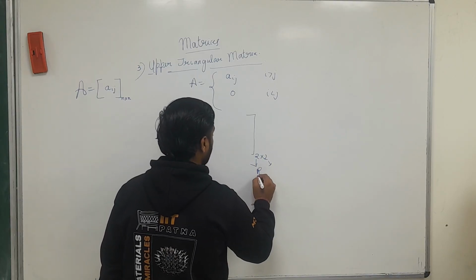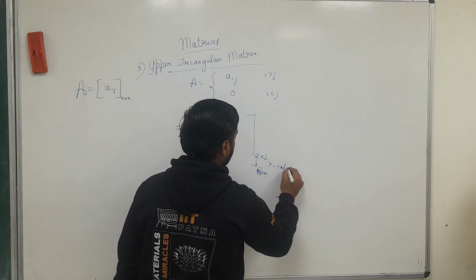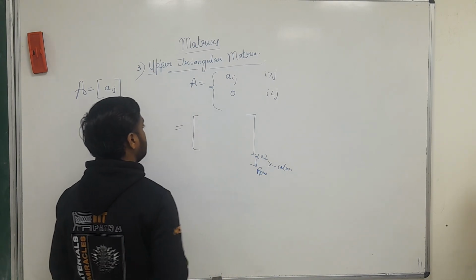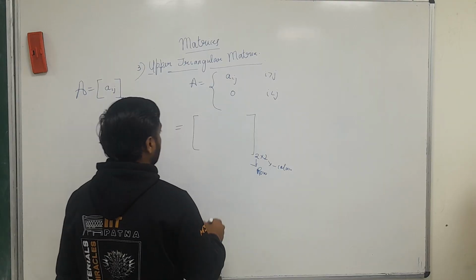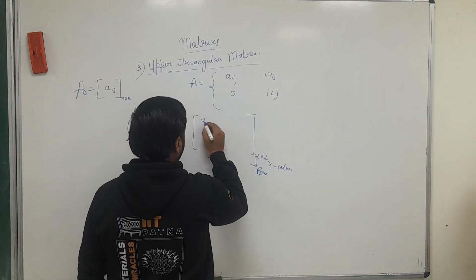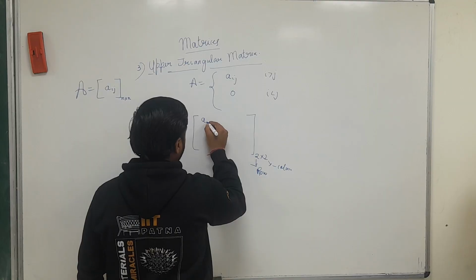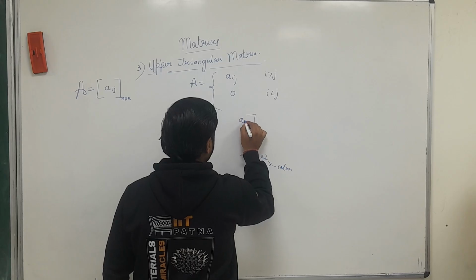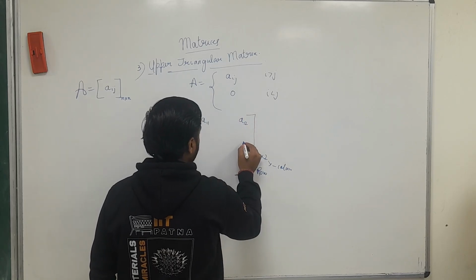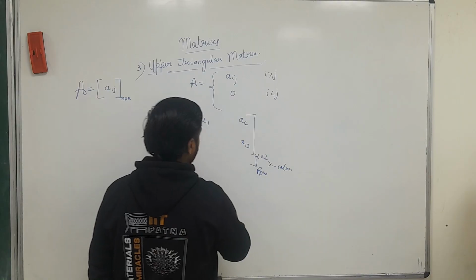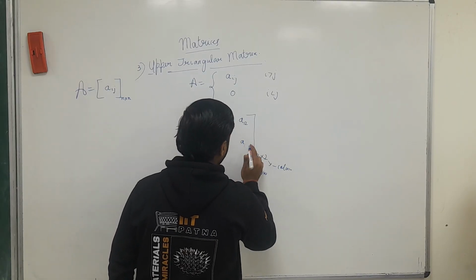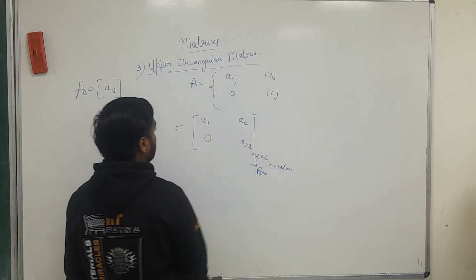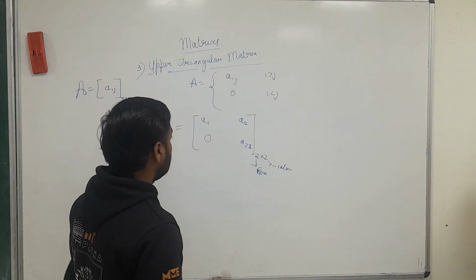Okay, these are rows and columns. In the upper triangular matrix, in place of this, the first places are 11, 12, 13, sorry, 21, 22, this will be 0, which is like this.